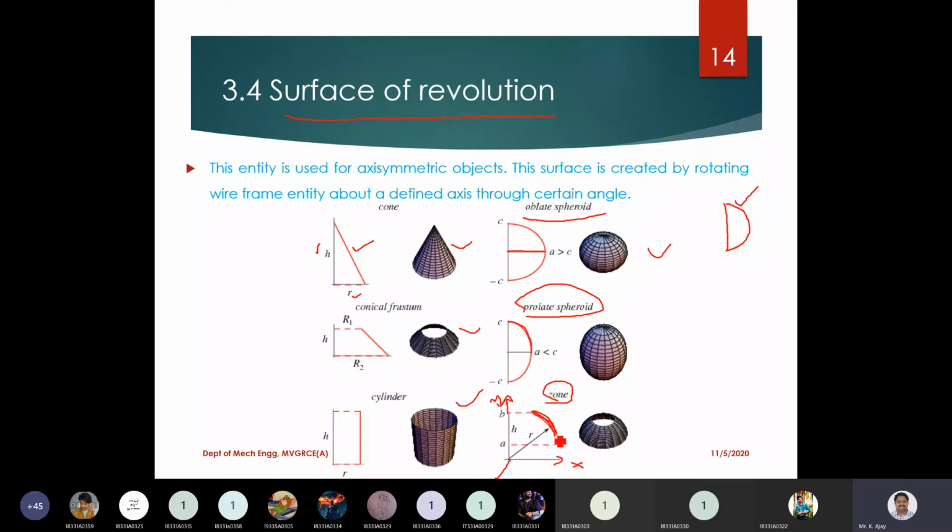If the curve is lying in the xy plane, you rotate it about the y-axis, and by imagining the rotation of the curve about the y-axis, you get this one. Similarly, the curve can also be rotated about the x-axis as well. You get another variety of surface, which I cannot draw here.